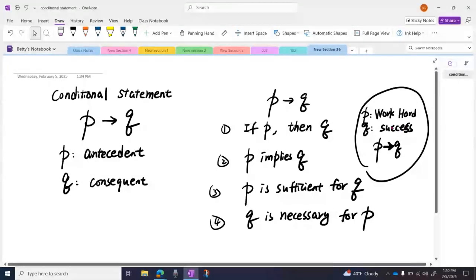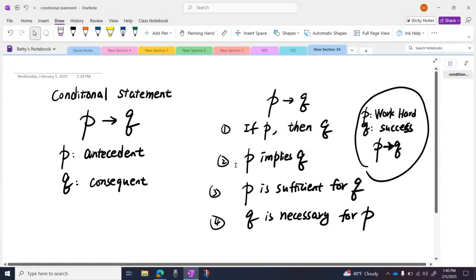P is the statement that a person works hard. Q is the statement that a person is successful, right? Succeed or achieve success. Then P arrowhead Q represents a conditional statement that says if a person works hard, then the person can achieve success. If P, then Q. So we can translate it that way.